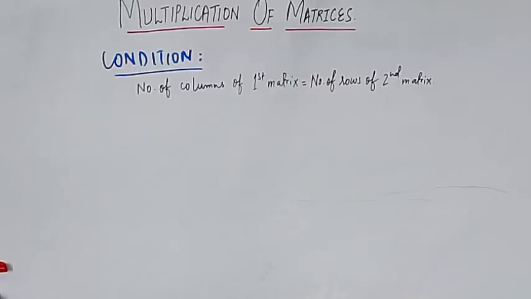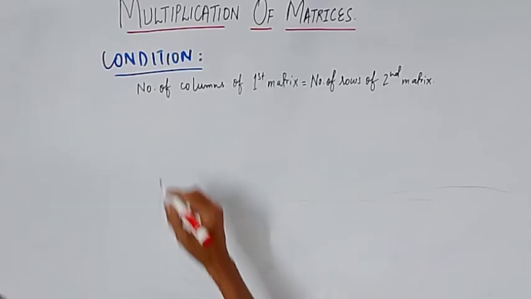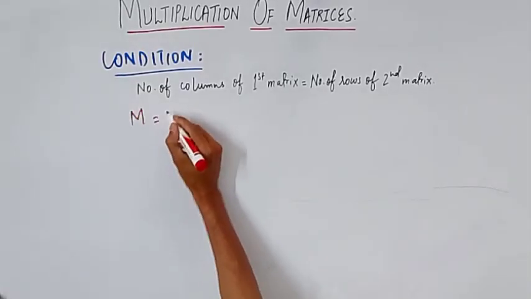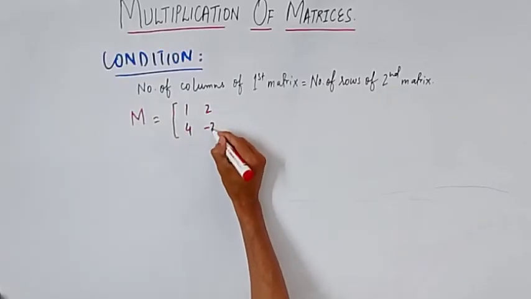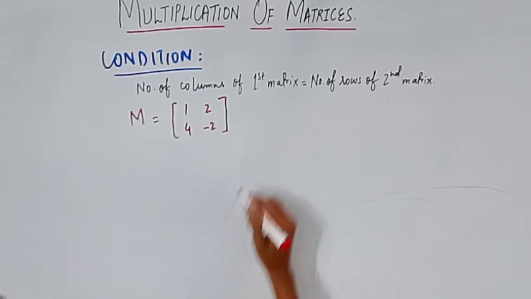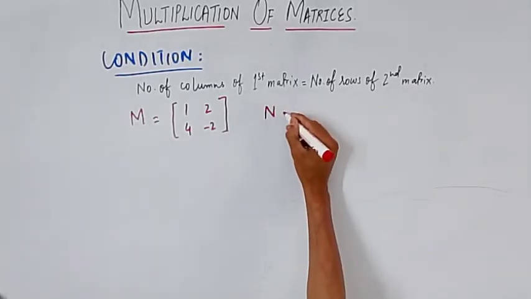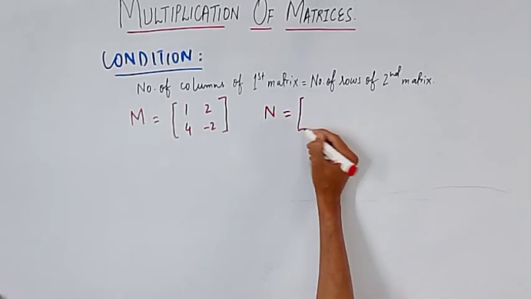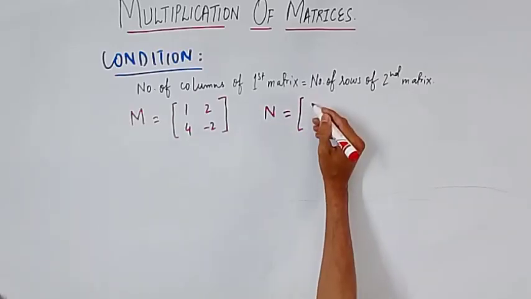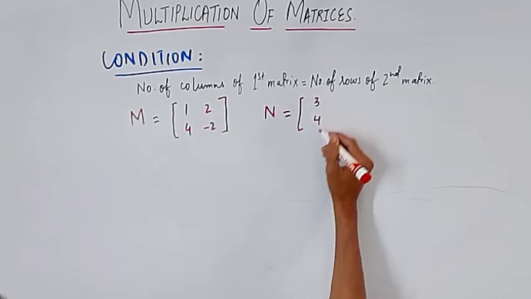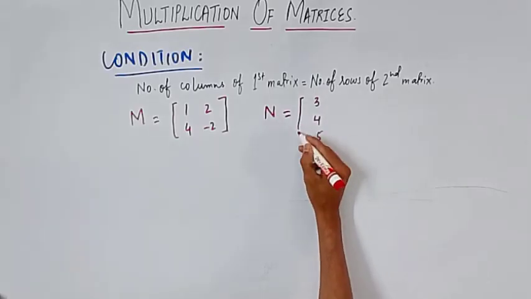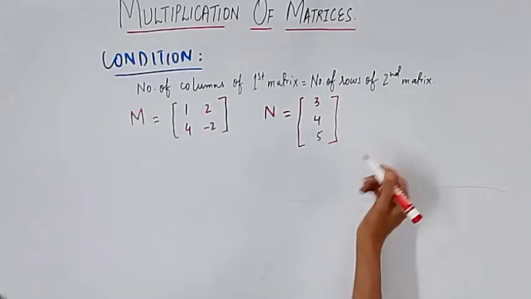For example, if we have a matrix M, 1, 2, 4, -2, and if we have another matrix N like this.